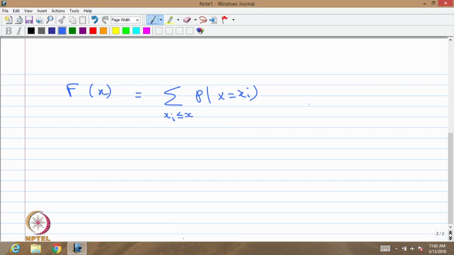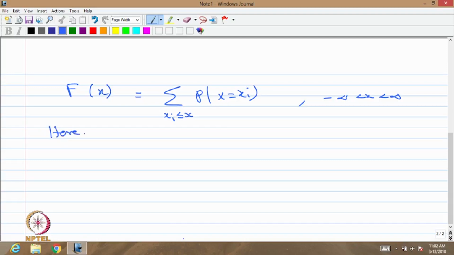Here x is between minus infinity and infinity. So, whenever you have a discrete type random variable, the CDF is nothing but the sum of P of X equal to xi for xi less than or equal to small x.